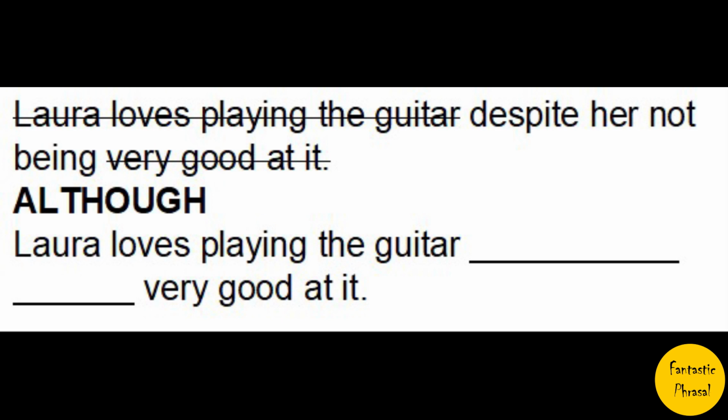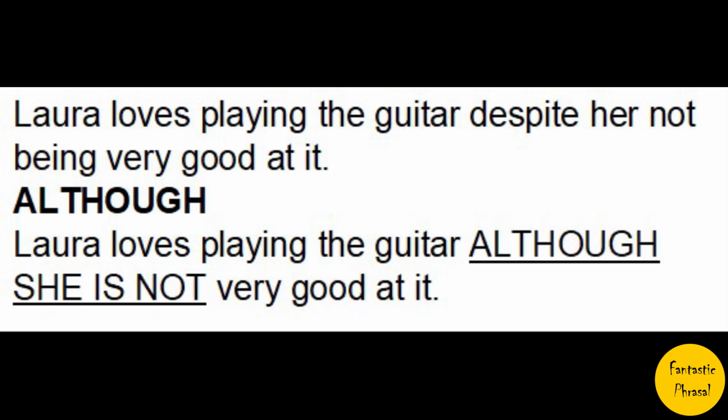Despite is followed either by a noun or a gerund, and although is followed by a clause. If we go back to the question, we can complete the second sentence using although and a clause. We can use the same verb as in the first sentence, to be. The answer to this question is, although she is not. You would receive 1 point for although she, and 1 point for is not.